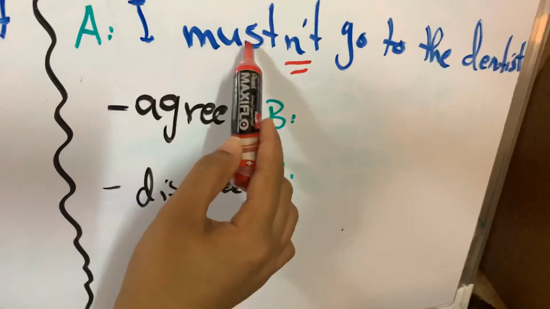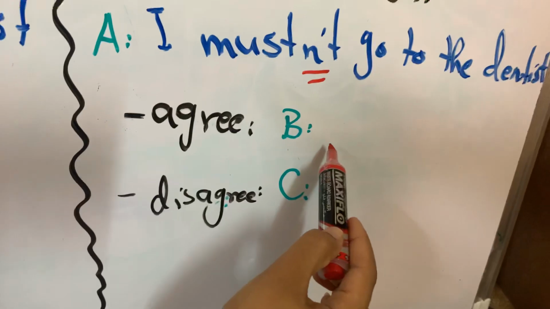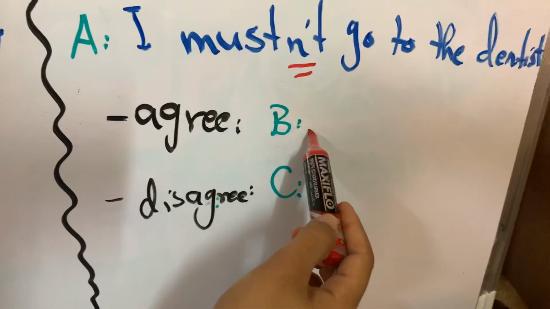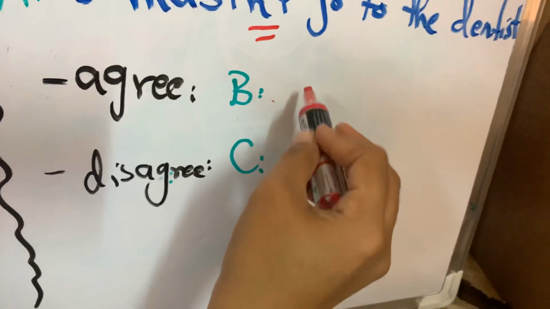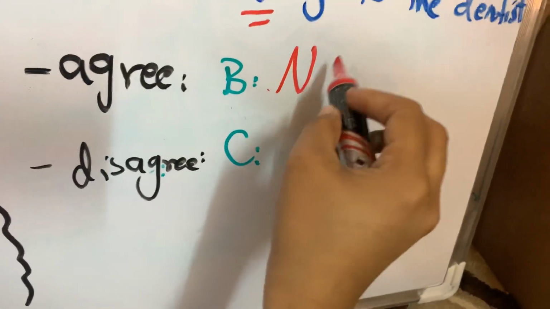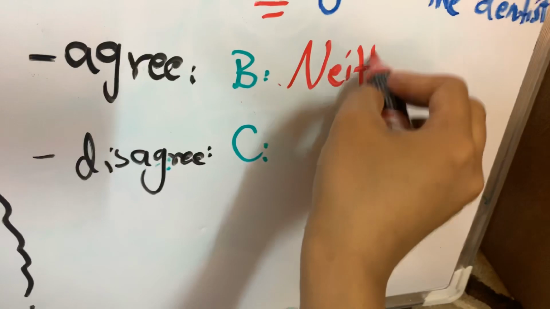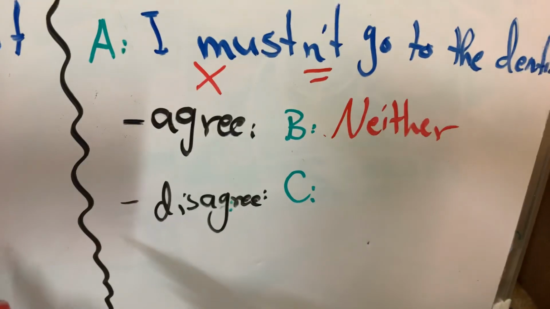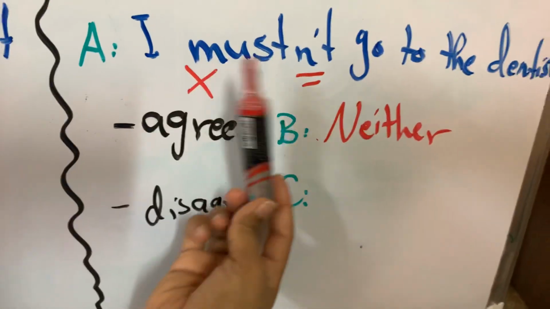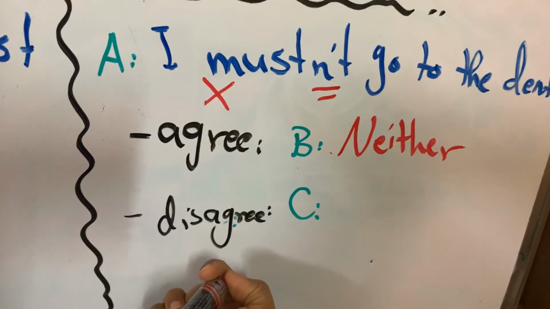Instead of saying also, I mustn't go to the dentist, he will say what? Neither. So he will use neither, and then exchange them, with not or without not.